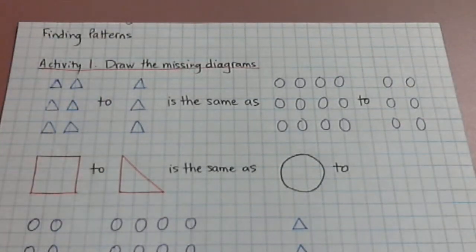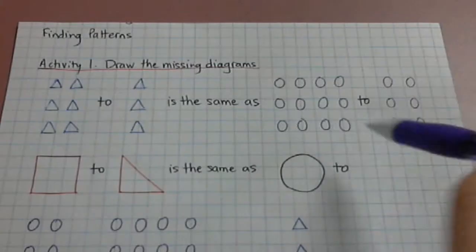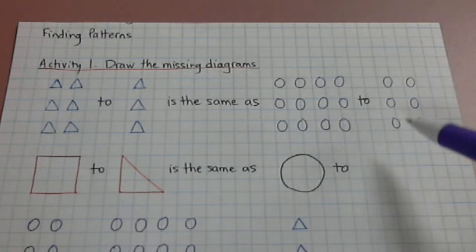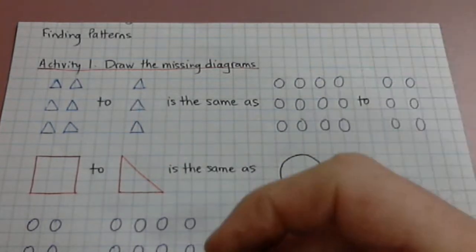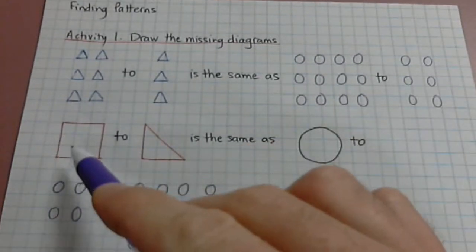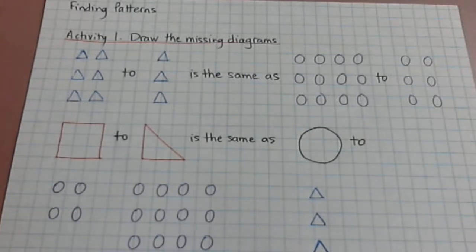The reason that we know that is that 6 triangles here is twice as many as 3 here. So if there's 12, we need something that's actually half as many. So it's going to be 6 circles over here. Now here we have a square to this half a square, or this triangle.